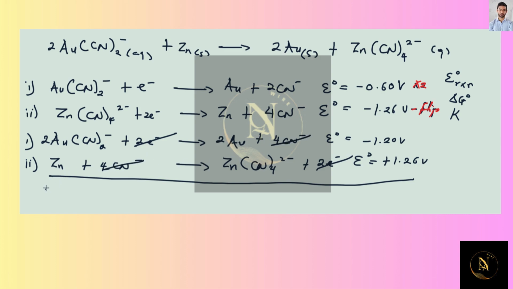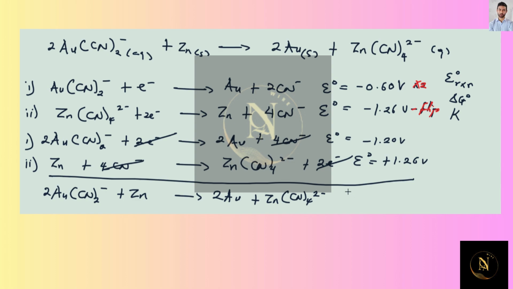So we'll have 2 Au(CN)2 minus plus zinc produce 2 Au plus Zn(CN)4 2 minus, which is the same equation that we have here.